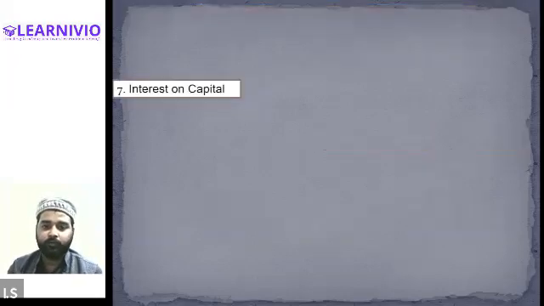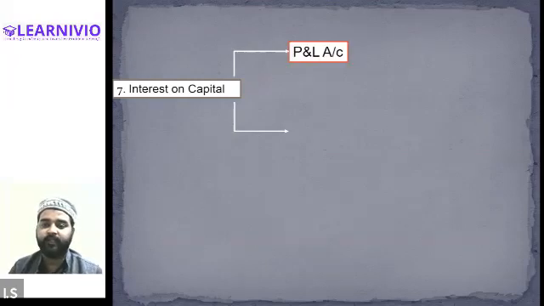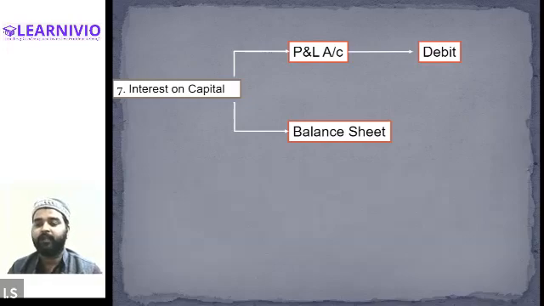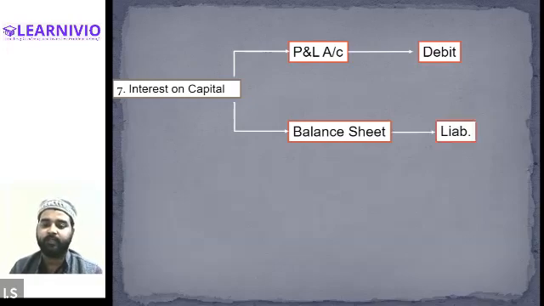Now, if there is any interest on capital given in the question, interest on capital is basically an expense. So first of all, we will write it in the profit and loss account, and interest on capital increases your liability. So we will record it in the balance sheet again. In the profit and loss account, we will be writing it on the debit side, and in the balance sheet, we will be recording it on the liability side.